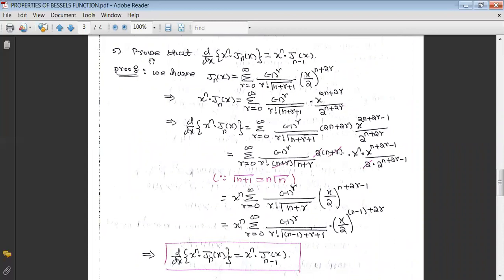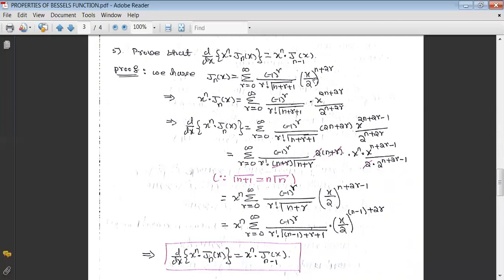We are required to prove that d by dx of x raised to n into j n of x equals x raised to n into j n minus 1 of x. That is the expression we have to prove. By the definition of j n x, we have this series. Now let us multiply both sides by x raised to n. The left-hand side becomes x raised to n into j n x, summation r varies from 0 to infinity, and minus 1 raised to r divided by r factorial gamma n plus r plus 1 we keep as it is.